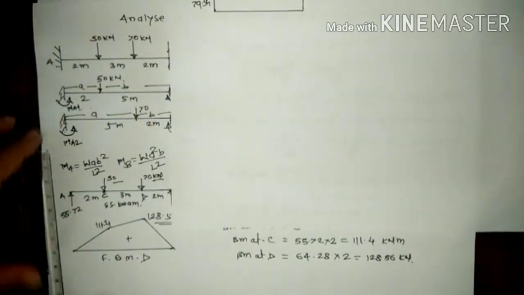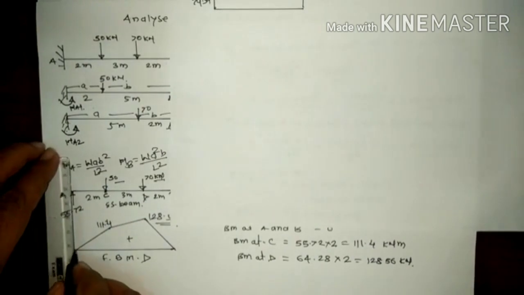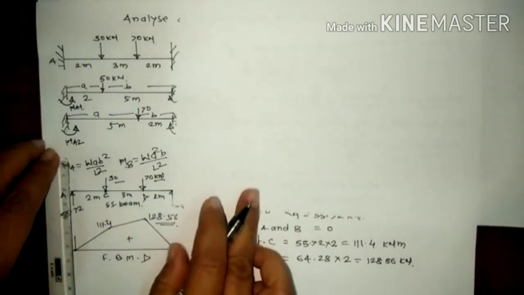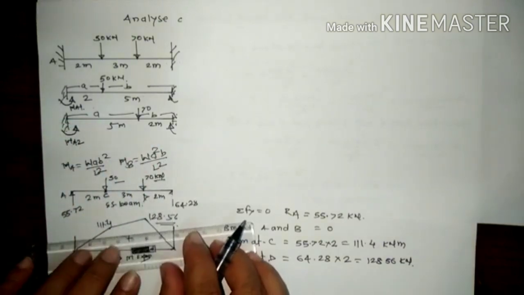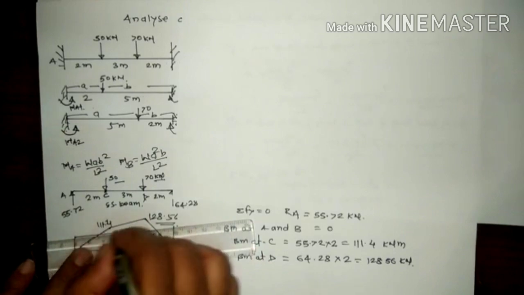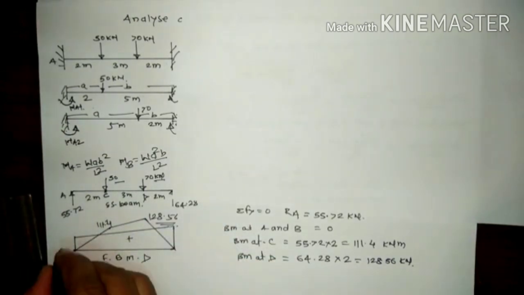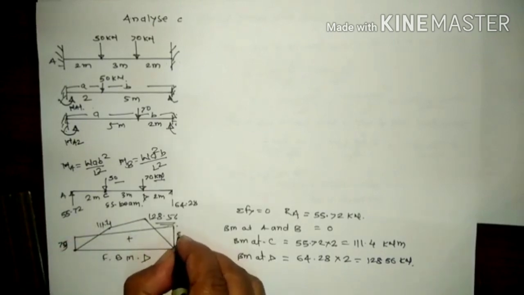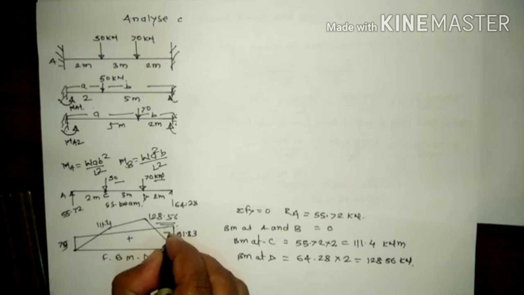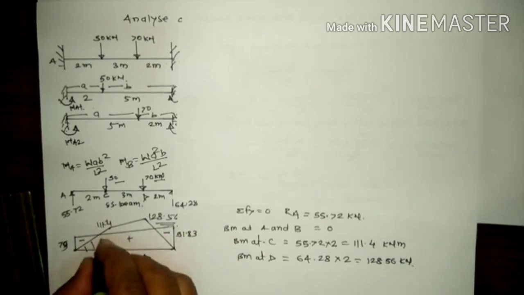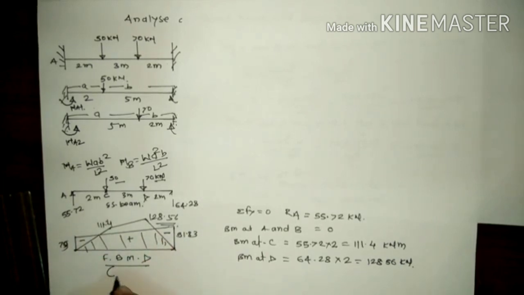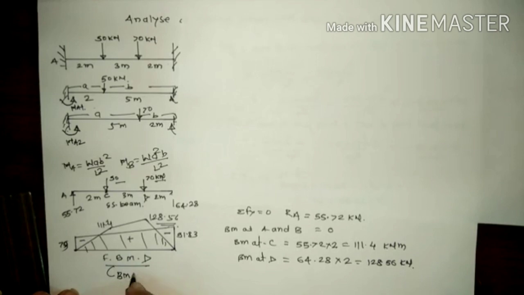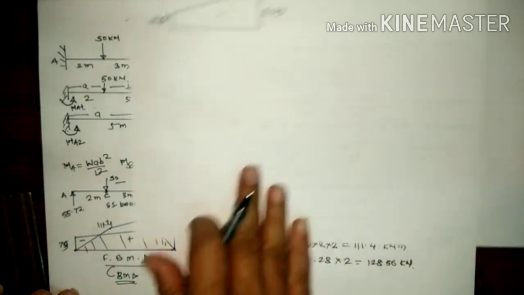This diagram is negative, and here is 79.59 and here is 91.83. This part is negative, this part is negative, and the common part gets cancelled out. So this now becomes the final BMD.